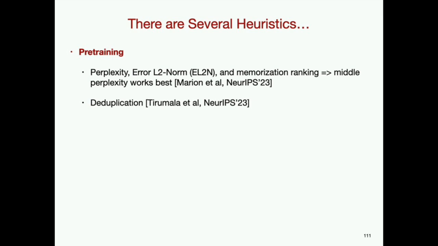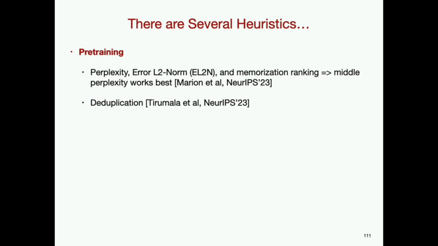Memorization ranking says that for a given question, like the generated answer, let's see if this example exists in the training data, how many of the generated keywords exactly match the data that exists in the training data. That is memorization ranking, and people figured out the examples with middle perplexity work best.